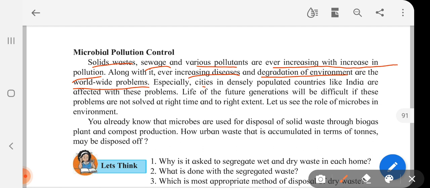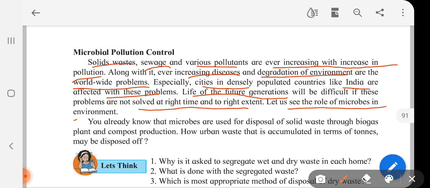Especially cities in densely populated countries like India are affected with these problems. Life of the future generation will be difficult if these problems are not solved at right time and to right extent.